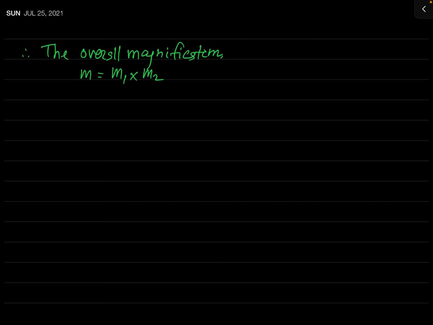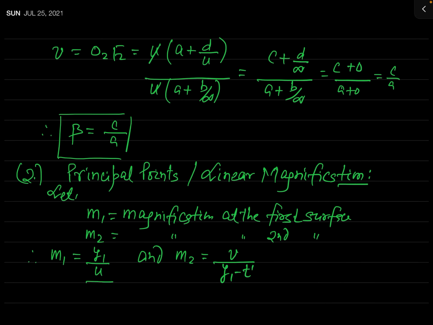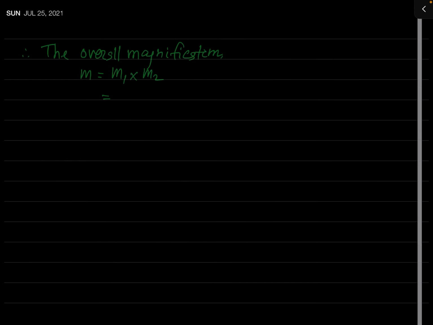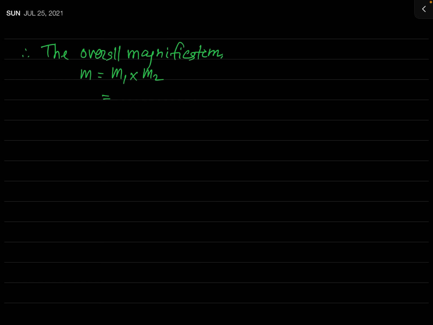We have an idea of this, as it is studied at +2 level. Now we will put the values of M1 and M2. M1 is Y1 over U and M2 is V over Y1 minus T prime. So this will be Y1 over U times V over Y1 minus T prime.